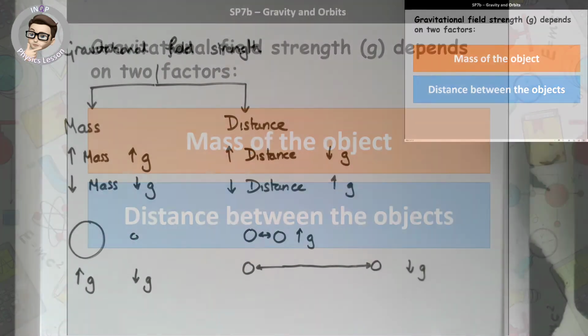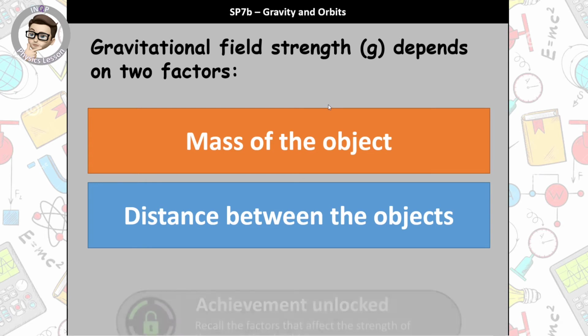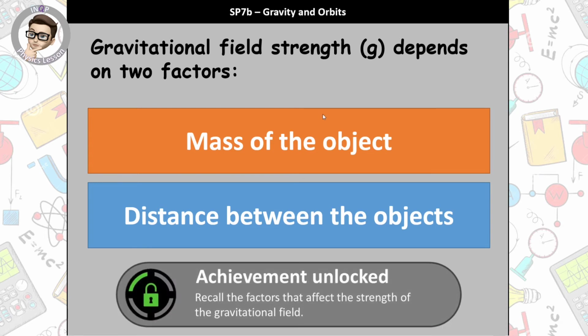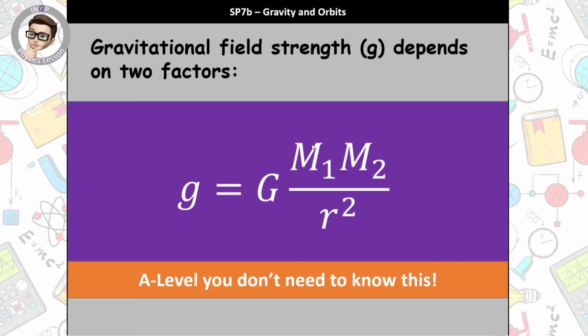Okay, so I'll go back to PowerPoint. So we've recalled the two factors that affect the strength of the gravitational field. And I just want to introduce you to an equation that you come across in A level. You don't need to know this, but this is the idea of being able to calculate our gravitational field strength, g.